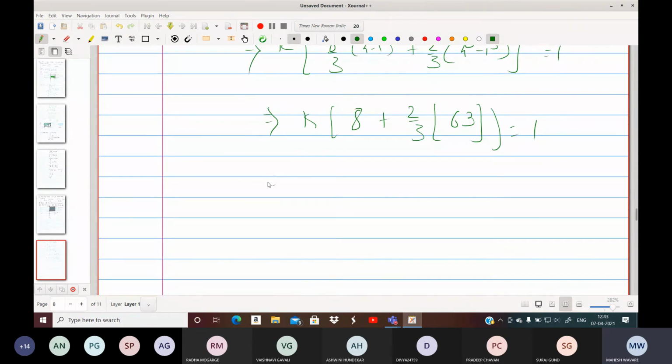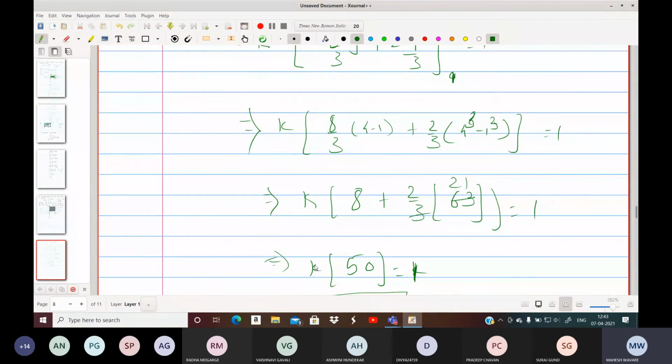So what is the multiplier of k? 21 into 2 is 42, plus 8. So you must have the value of k like this. This is equal to 1. k is 1 upon 50.